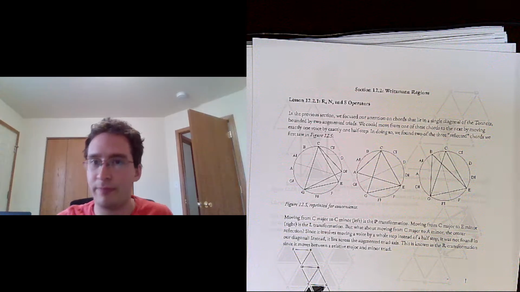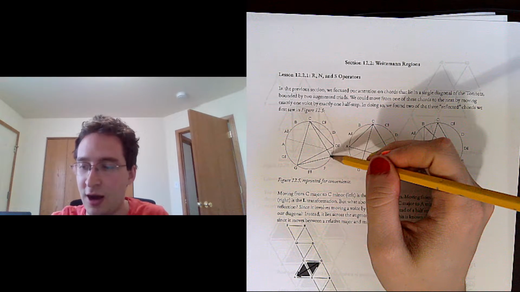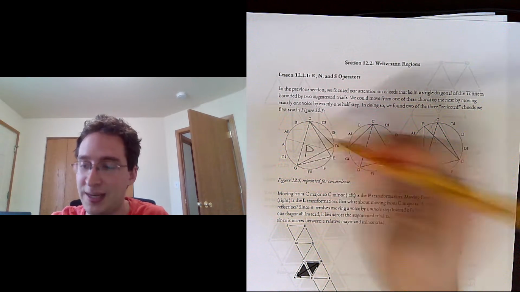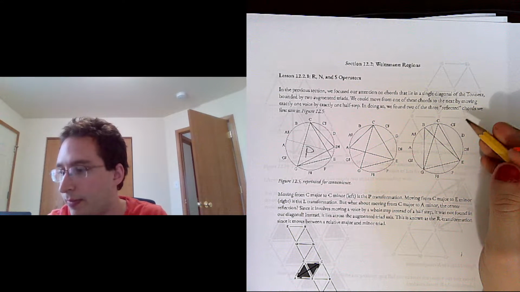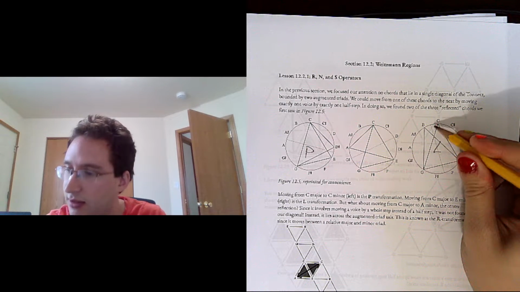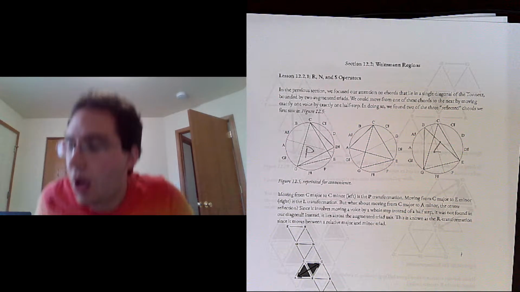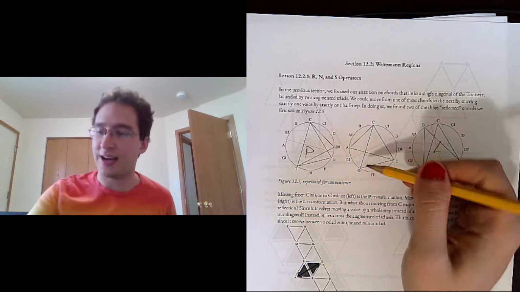But if you recall from our three reflected chords, we hit two of those. C major to C minor, that was our P, and C major to E minor, that was our L, C moving down to the leading tone. But what about moving from C major to A minor, this center reflection?